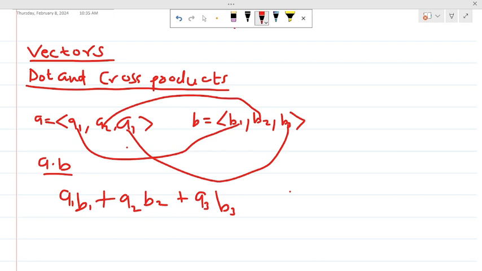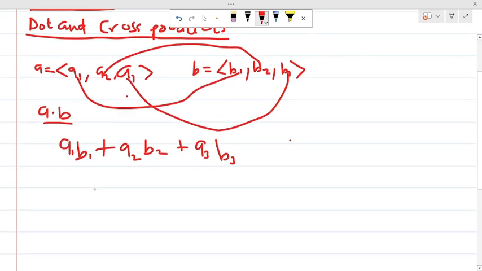That will give you the dot product of A and B.